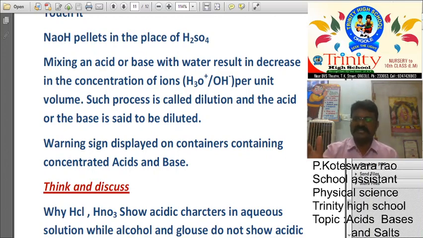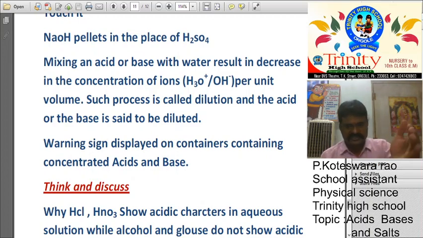That type of acid or base is said to be diluted. Okay, what is dilution? Mixing of an acid or base with water to decrease the concentration of ions per unit volume is called dilution. And that acid or base is said to be diluted.